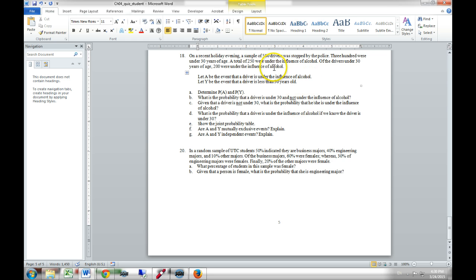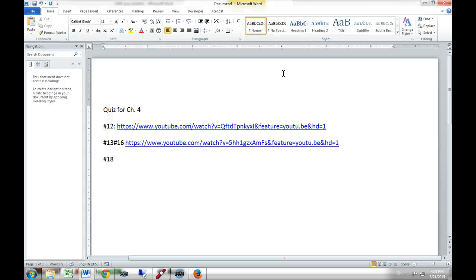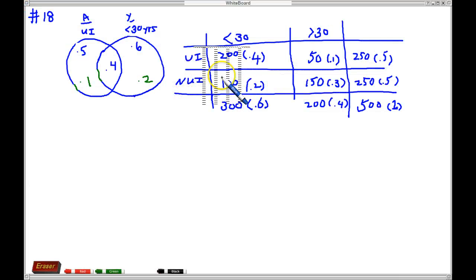In total, they surveyed 500, and 300 were under 30 years of age, and a total of 250 were under the influence of alcohol, and of the drivers under 30 years of age, 200 were drunken drivers. So let's say we need to have a table based upon this information, and that is illustrated in here.